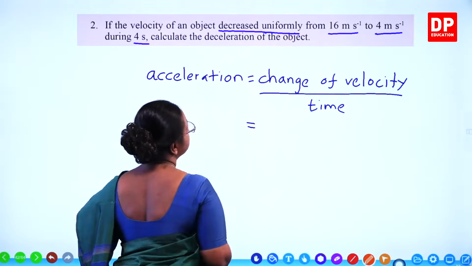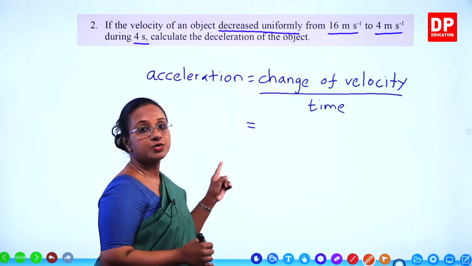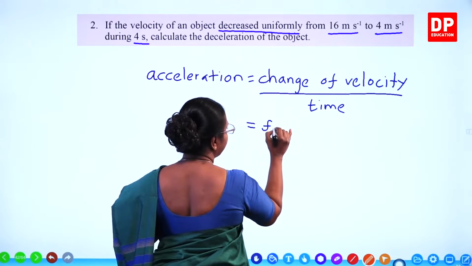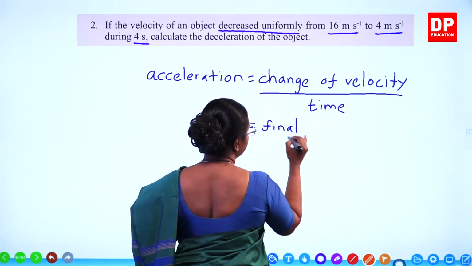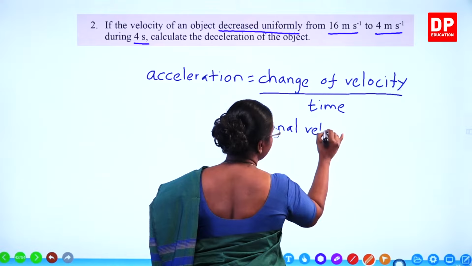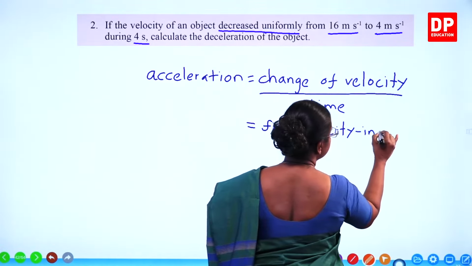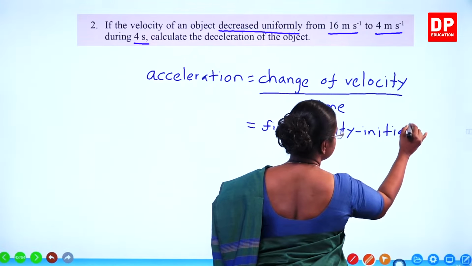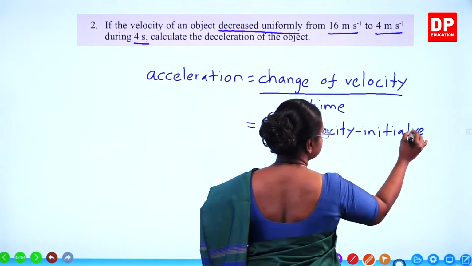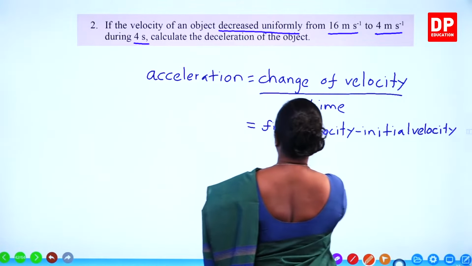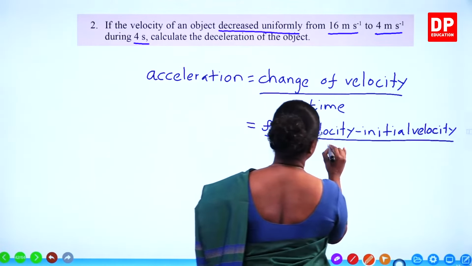So if you substitute final velocity minus initial velocity, I will write it again just to remind you all. Final velocity minus initial velocity divided by time.